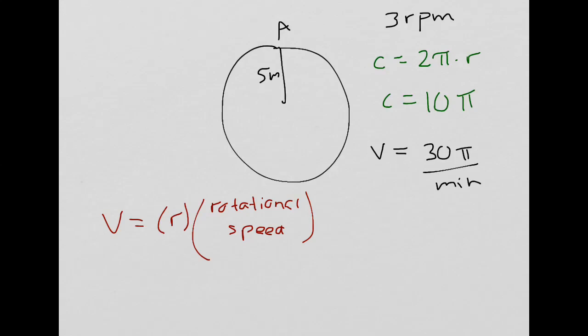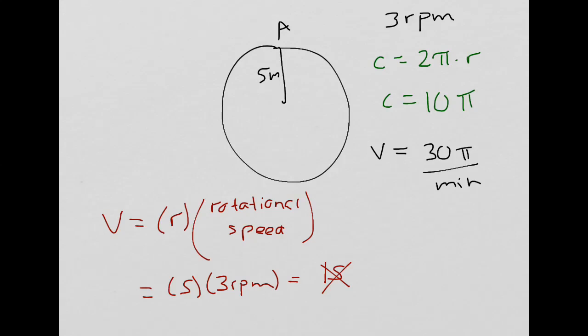If I had directly plugged into that formula, let's see what we would have gotten. So my radial distance is 5, that's just the radius. And my rotational speed was 3 RPM, 3 revolutions per minute. And that would have given me 15, which is definitely not equal to 30 pi. So that's wrong. So why is that wrong?